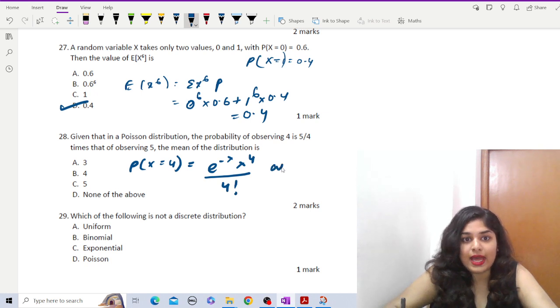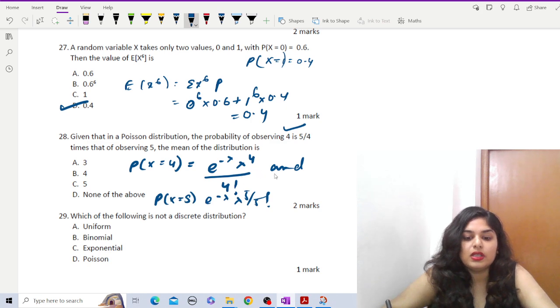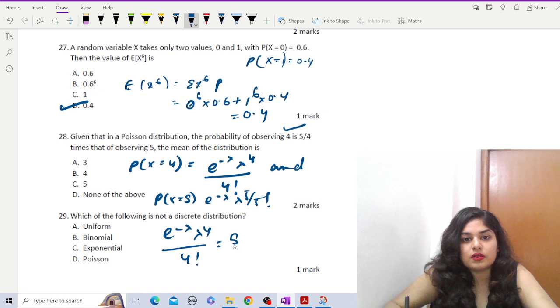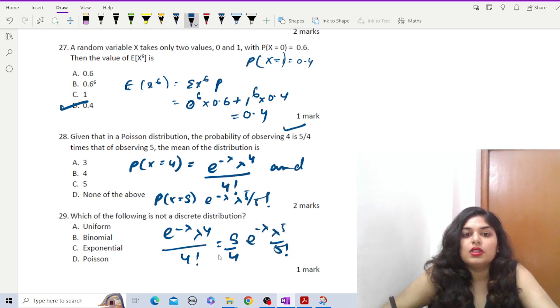And for x equal to 5, it is e to the power minus lambda, lambda to the power 5 by 5 factorial. Now how are they related? The probability of observing 4 is 5 by 4 times that of observing 5. So e to the power minus lambda, lambda to the power 4 by 4 factorial is equal to 5 by 4 times e to the power minus lambda, lambda to the power 5 by 5 factorial.